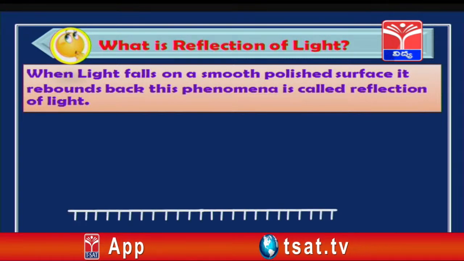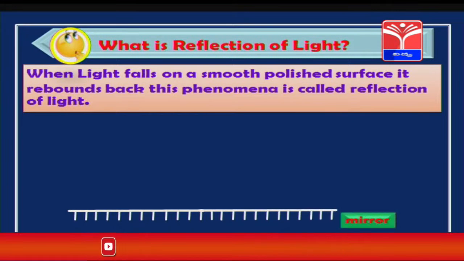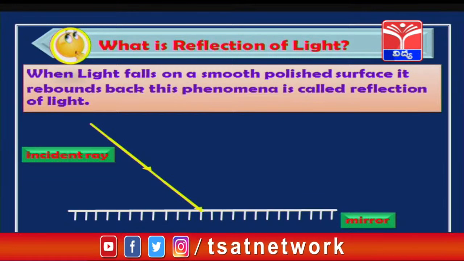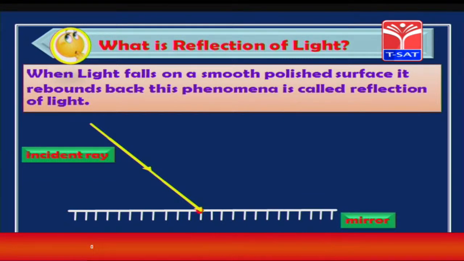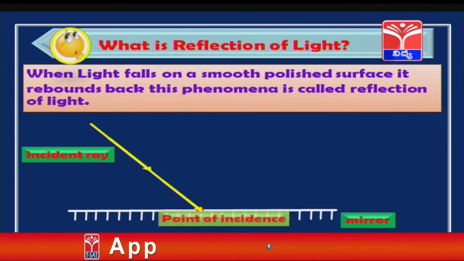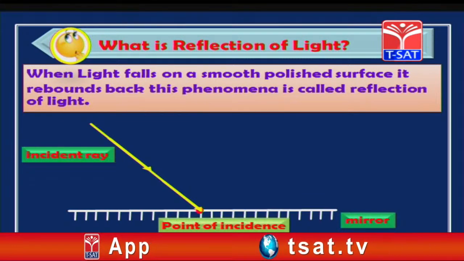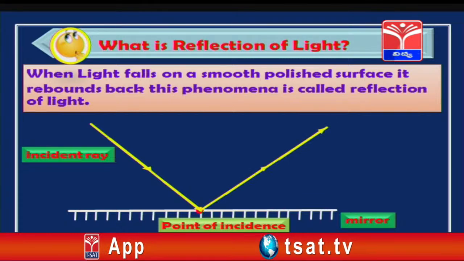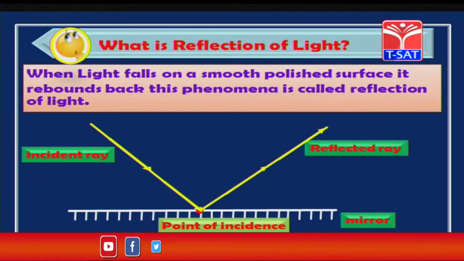Here we can see a mirror. A ray which falls on a mirror is called the incident ray. The point where it falls on the mirror is called the point of incidence. A ray which is reflected from the mirror is called the reflected ray.